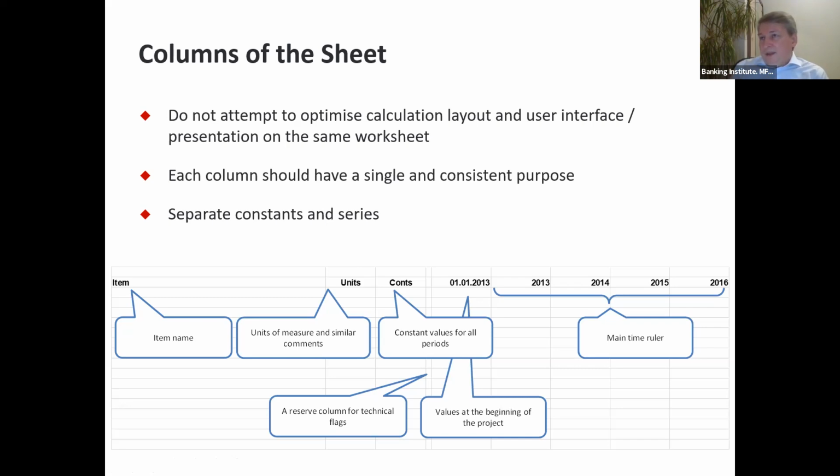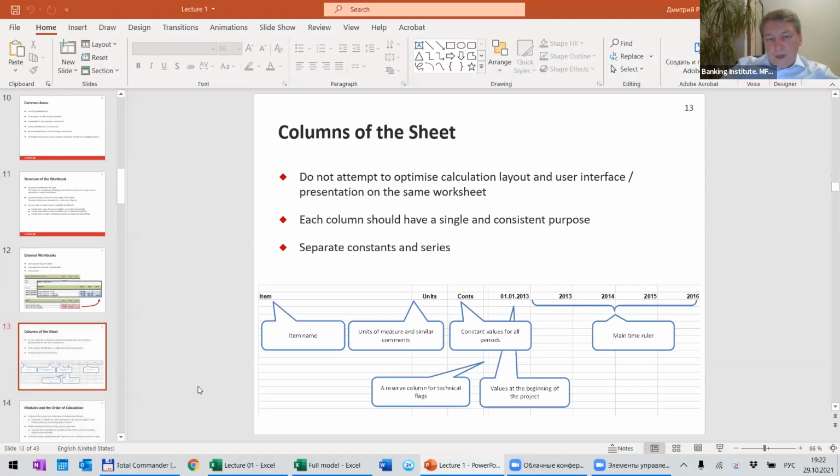Even if you don't plan them, they appear later, and you'd better have a column for them from the very beginning. Another possible use for this technical column is for calculations like, for example, if we have a loan. I'll show you that.